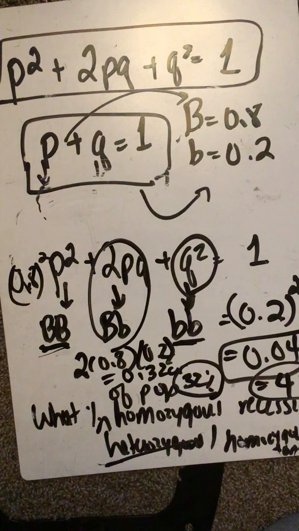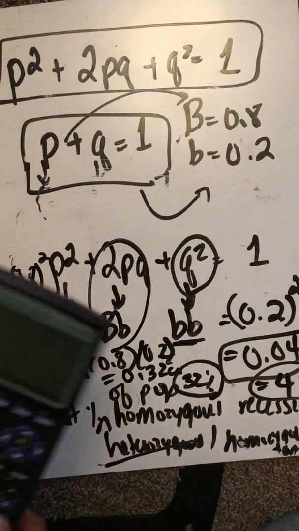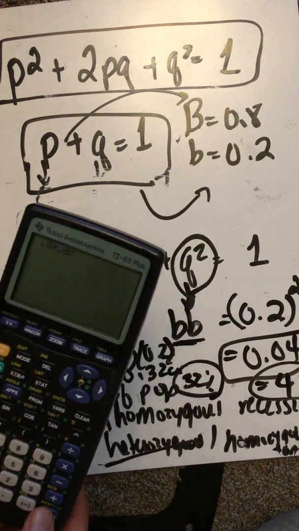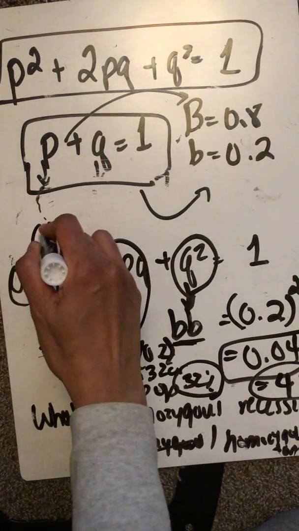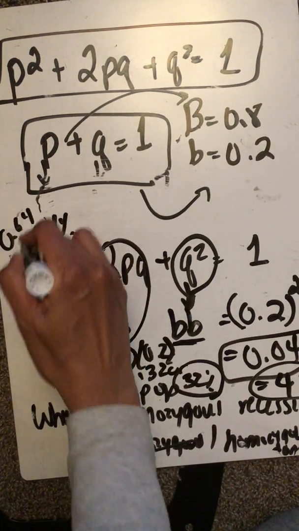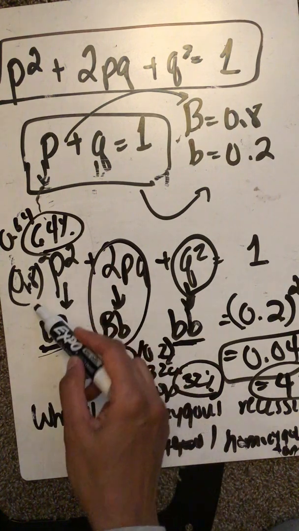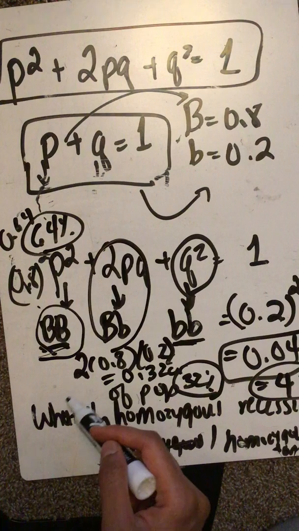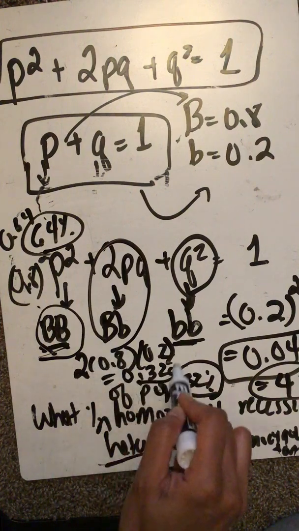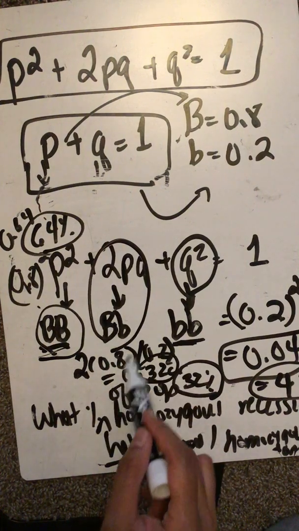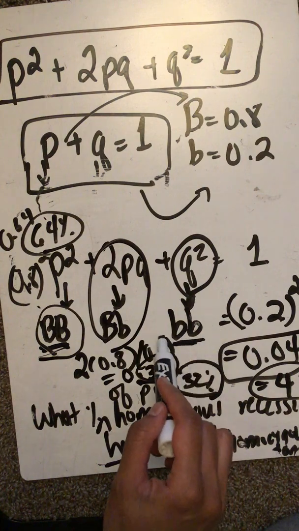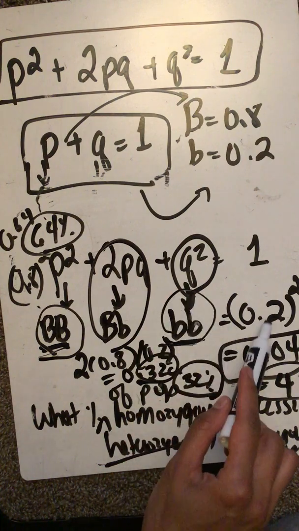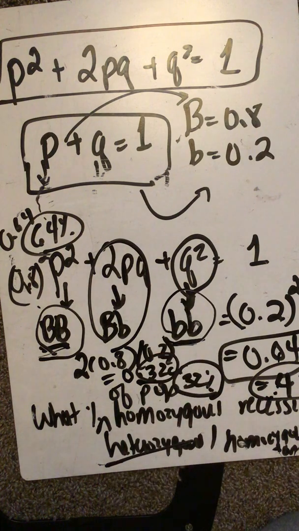On your handy calculator, that is equal to 0.64, or 64%. So 64% of my population is homozygous dominant for brown eyes, 32% is heterozygous for brown eyes, and 4% is homozygous recessive for blue eyes. And that's how I use Hardy Weinberg, okay?